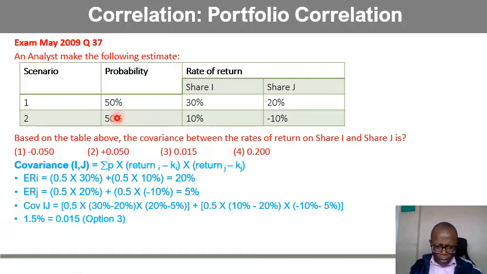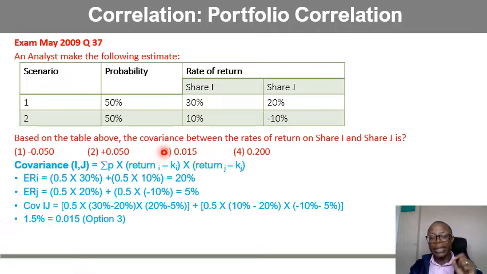Then we say 0.5 times 10 minus 20 times minus 10 minus 5, which is what we have in this part. If you do that, you get your 1.5, which is here, option 3. Then your answer is 100%.